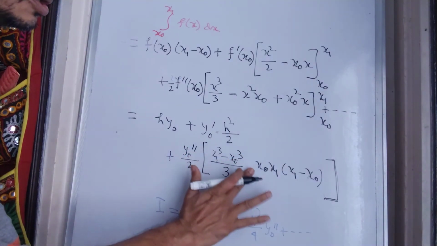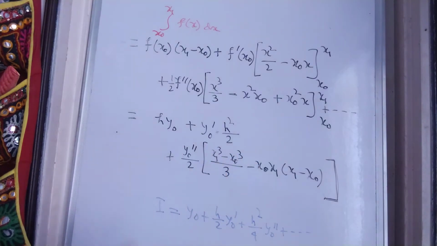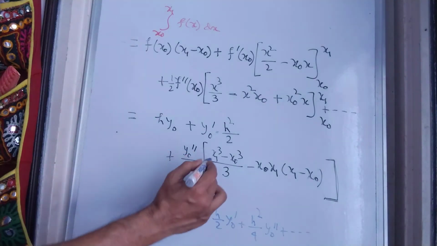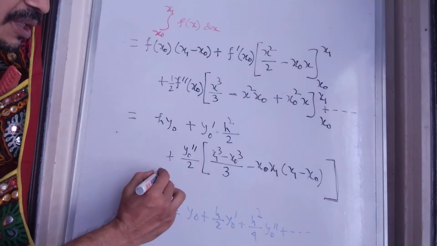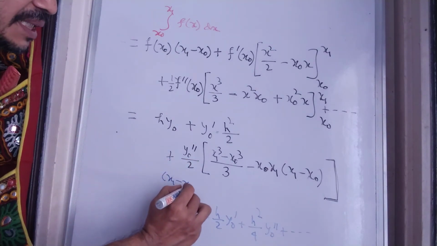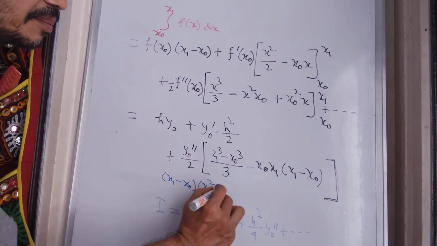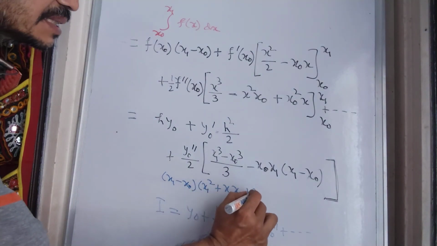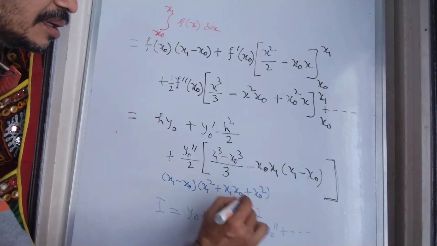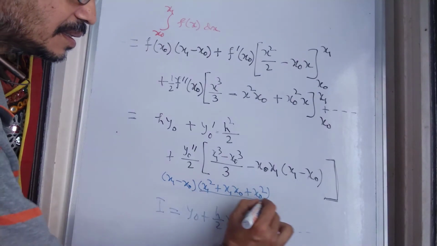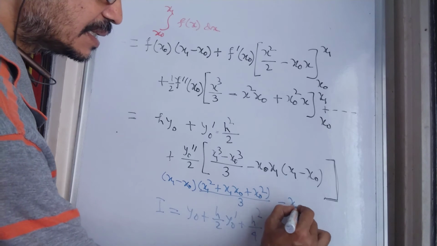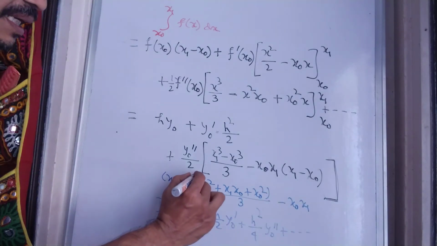And then if we do a little algebra, we know that x1 cube minus x0 cube is nothing but x1 minus x0 into x1 square plus x1 x0 plus x0 square by 3, and we have minus x0 x1 here.